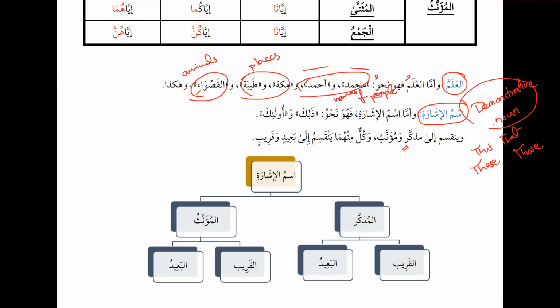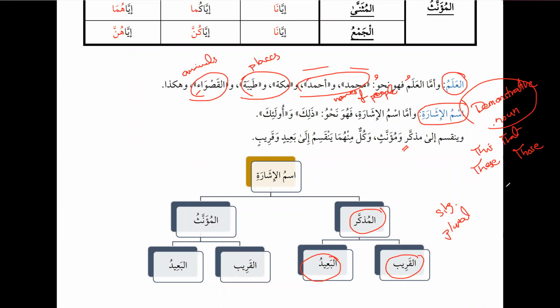words that perform the same function, but they are classified in terms of their gender and whether they are qarib or ba'id. And they are also classified in terms of the singular and plural, in terms of the number they are in.